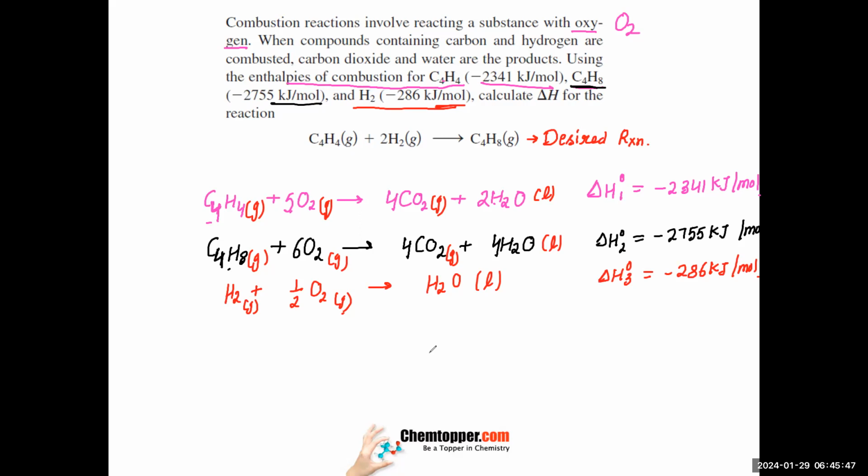Okay, now you have to use these three equations to get the desired equation. Ready? Yes, I want this. Which equation should I take so that I can get this on the reactant side? Which equation? Answer it. Nasya?